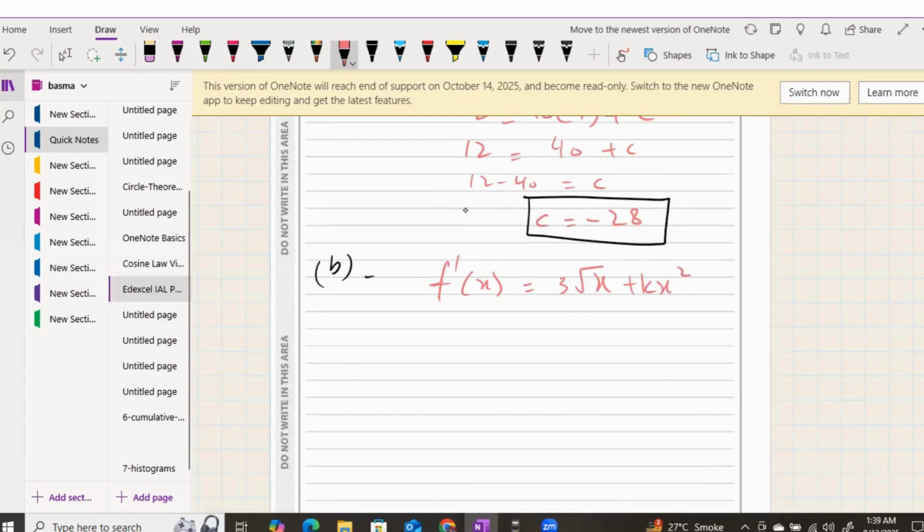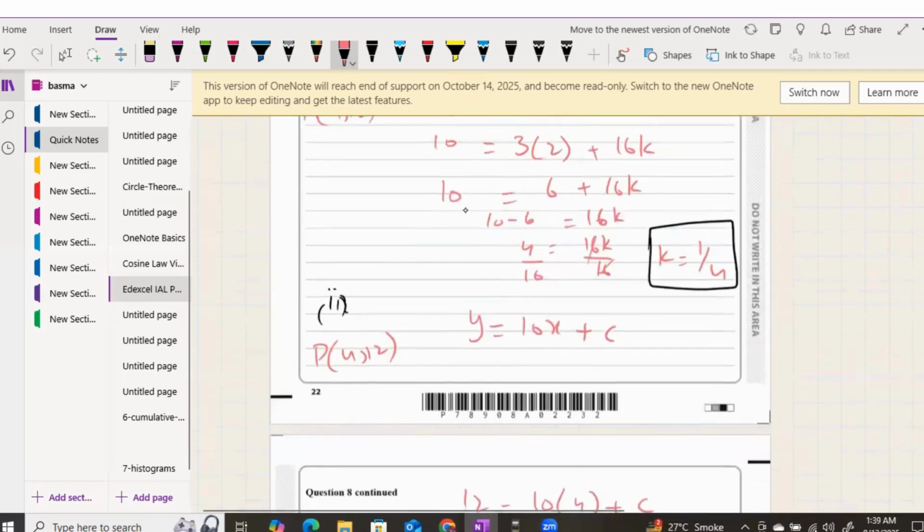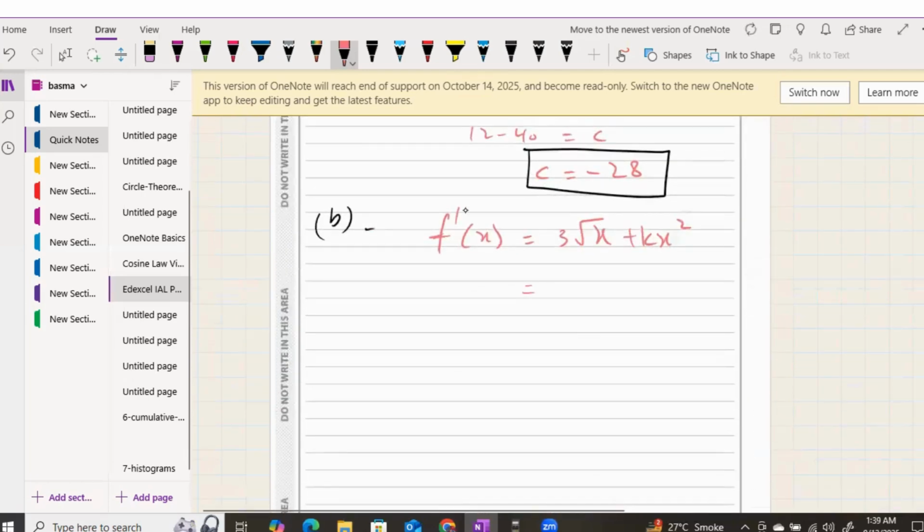Now we have to find the double derivative. We are going to replace the value of k as well. We got k as 1 by 4, so I'll replace k with 1 by 4, giving 1 by 4 x squared here. That is the first derivative.